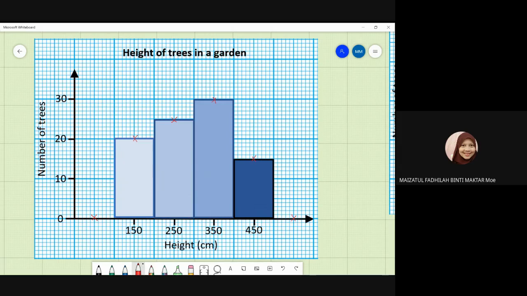That one you must also mark as an x. After you get this, take your ruler and connect all the points on the graph, starting from the first point on your left here.